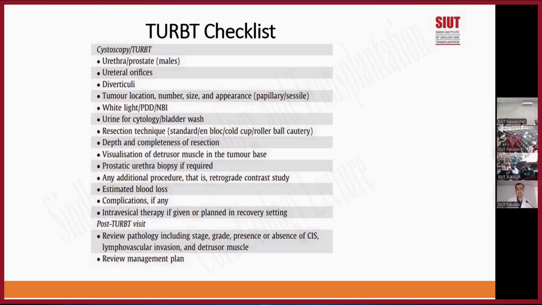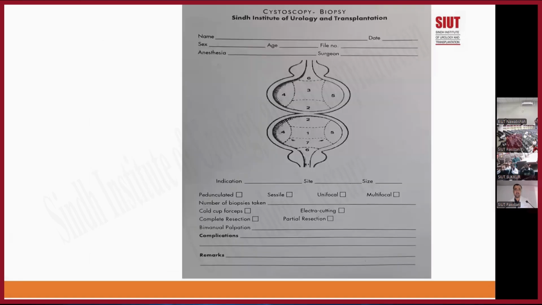Resection technique, depth and completeness of the resection, visualization of detrusor muscle in the tumor base, prostatic urethra biopsy if required, and additional procedure, that is retrograde contrast study. Estimated blood loss, complication if any, and intravesical therapy if given are planned in the recovery setting. This is our cystoscopy report, which we are using in our setting.